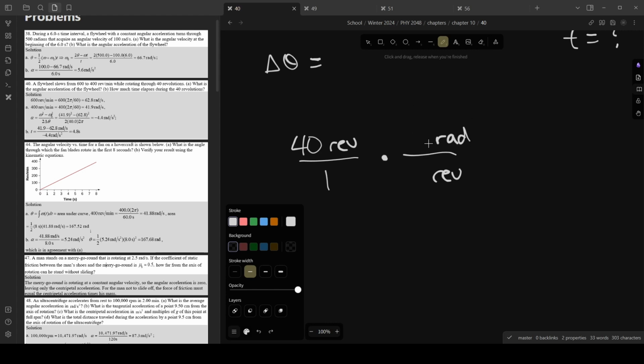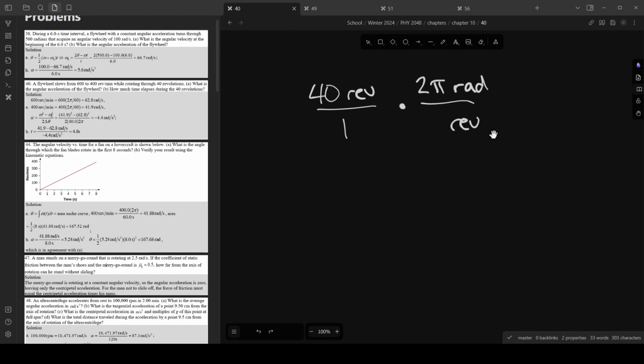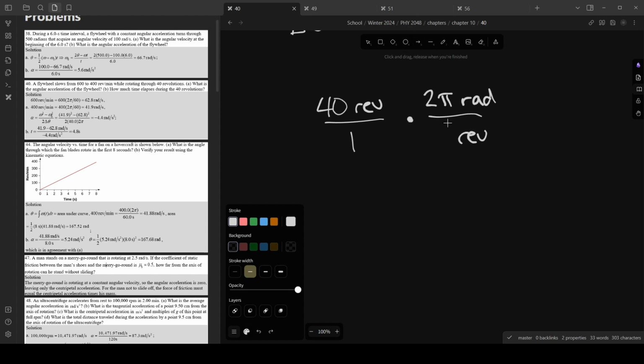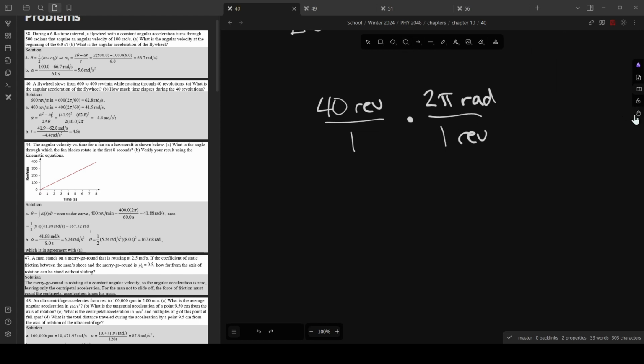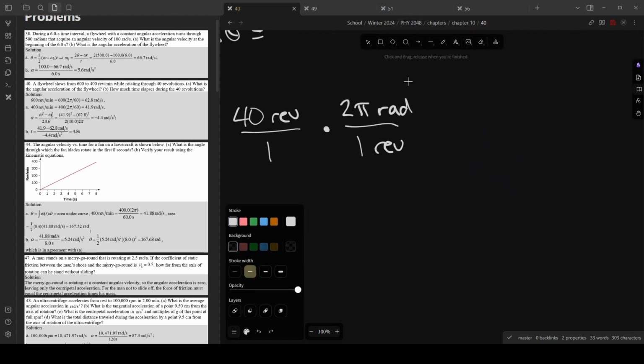How many radians are in one revolution? There's 2 pi radians in one revolution, which is exactly the circumference of the circle. Radians is just a unit for radius, if you didn't know that. We're going to cancel everything, and essentially all we're doing is multiplying by 2 pi.